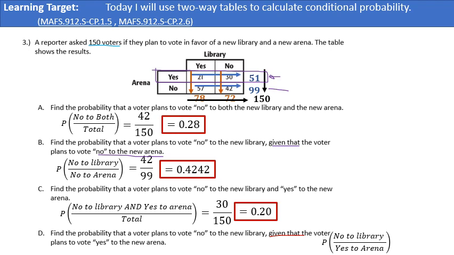Now, what's the probability they said no to the library? This is 30 over 51, which raises our probability to 0.5882. Notice that anytime we have a given that, a conditional probability, that changes the denominator. It makes the denominator smaller, but what does that end up doing?